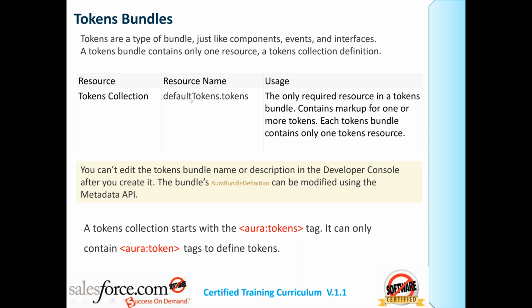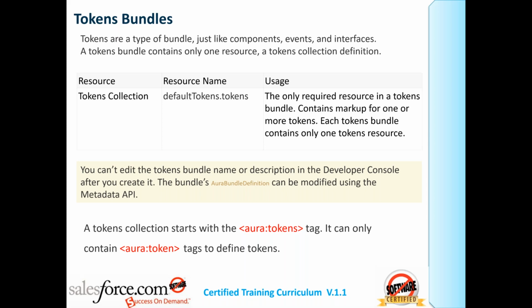The resource name should be default tokens, with capital T. Next, to create a token collection, we use what? Aura token.